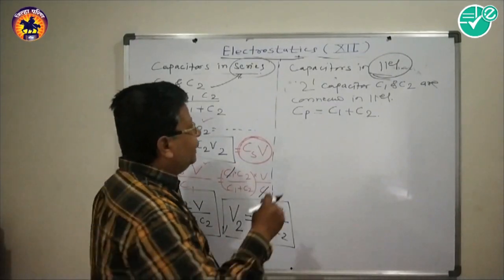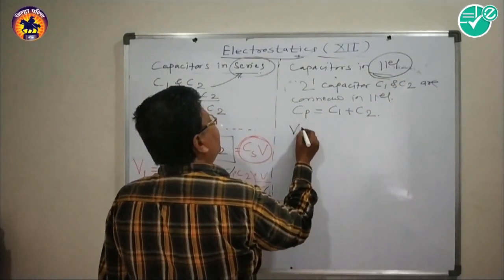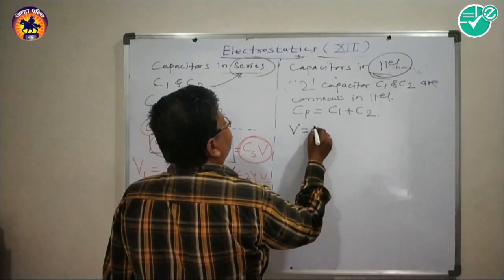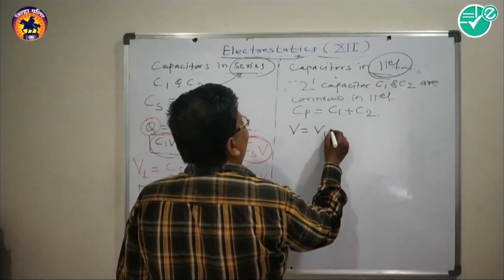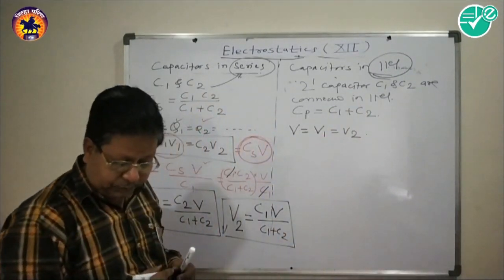And in case of parallel combination, the potential difference V is the same. That means V is equal to V1 is equal to V2 for two capacitors.